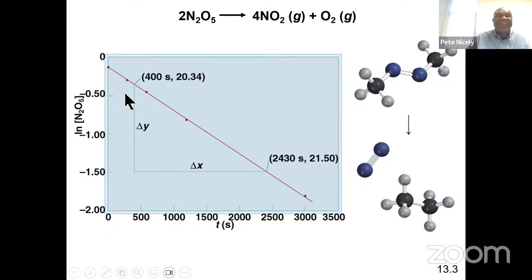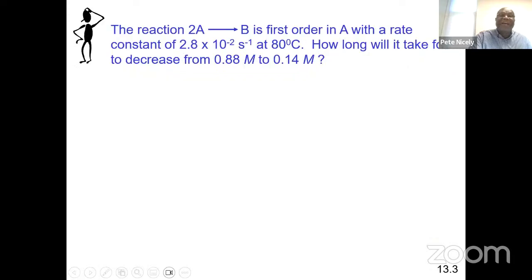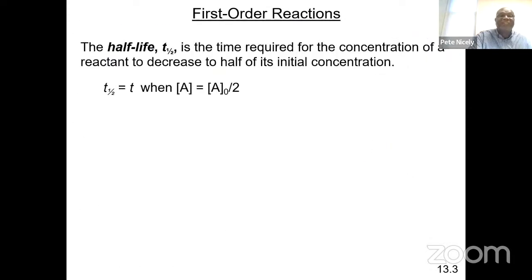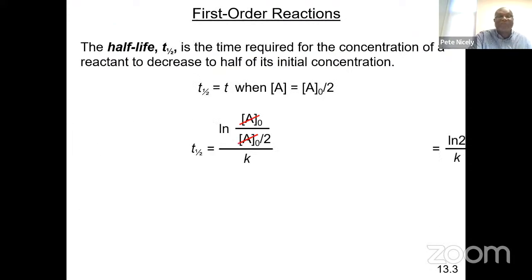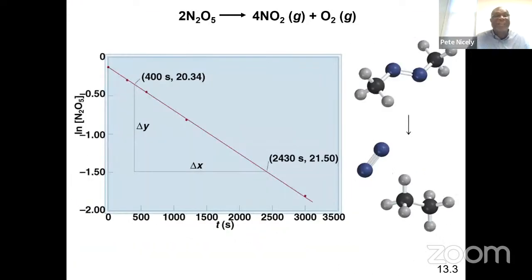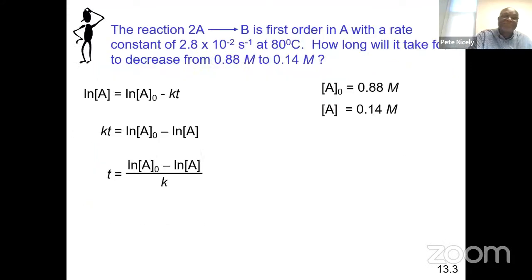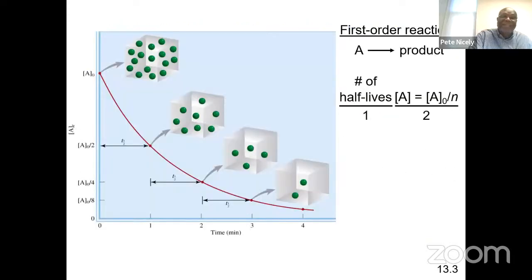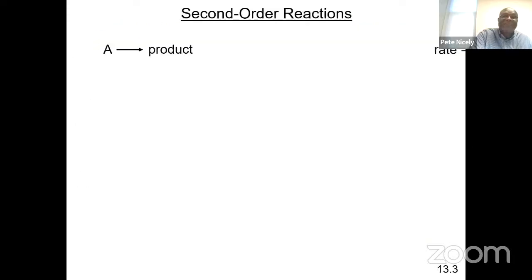This is the time axis, and you see it's a straight line with a negative slope, and that negative slope would be equal to minus k, the rate constant. I'm sorry about this. Let me go back to the graph. Right, so that's basically for a first order reaction. Okay, let me go back to the table again, which summarizes the different types of equations.